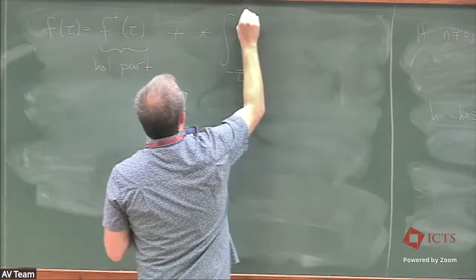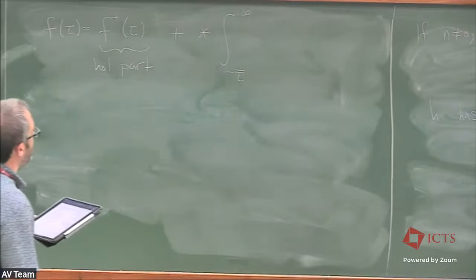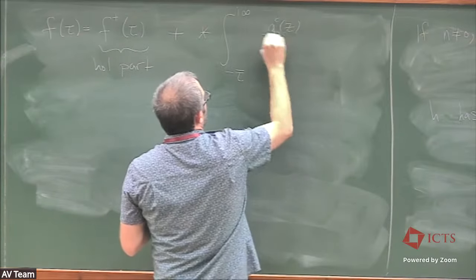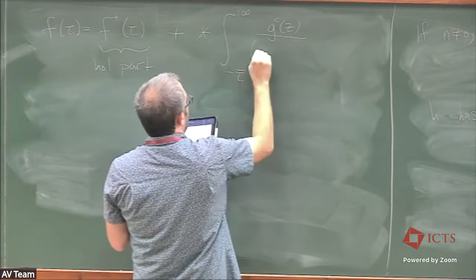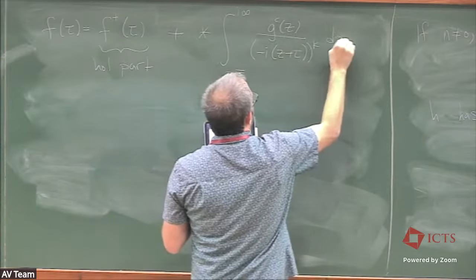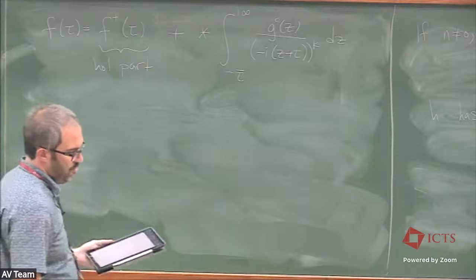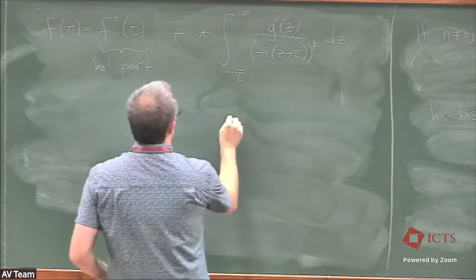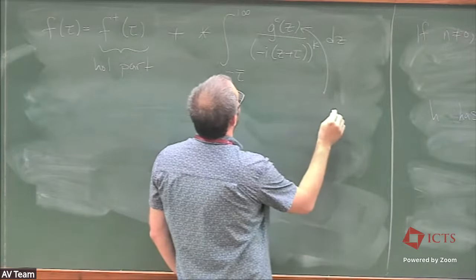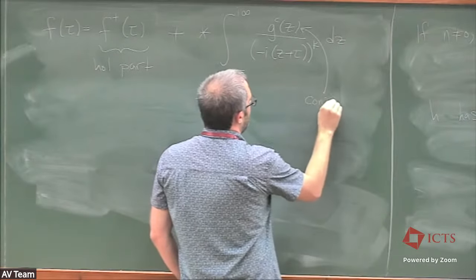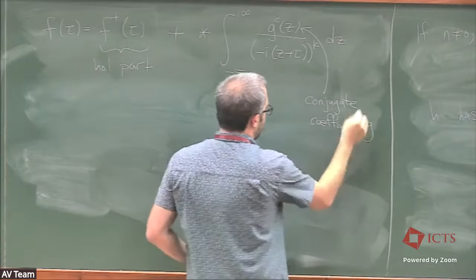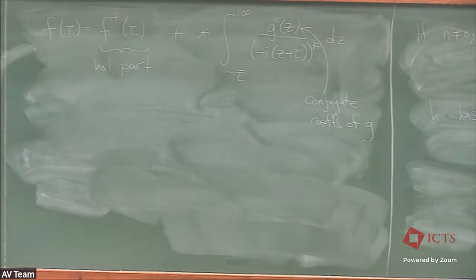It's an integral from minus tau bar to i infinity of g_c(z), over (-i(z+tau))^k dz, where this g_c(z) is just g with all the coefficients conjugated.